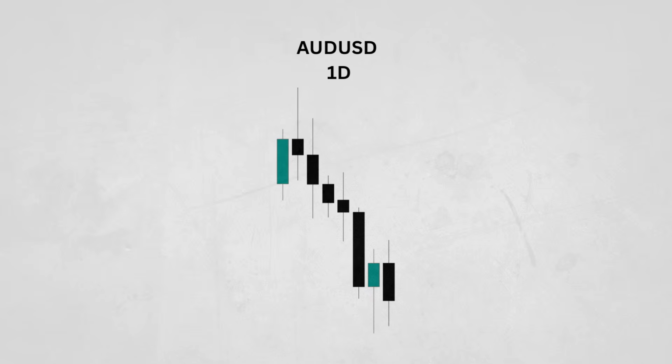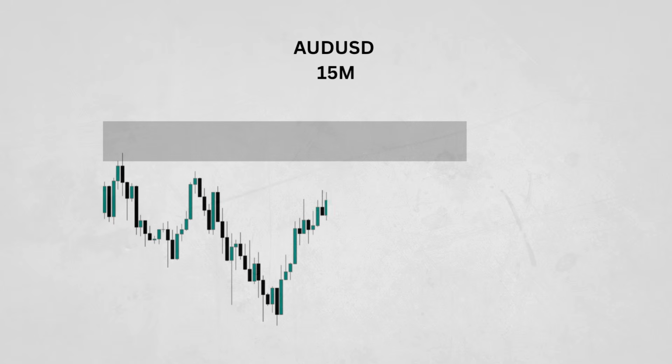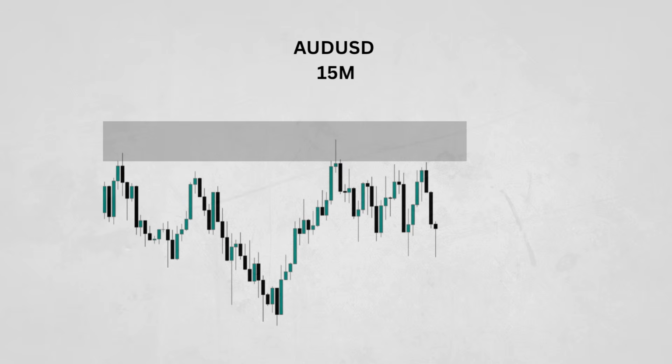On the daily chart, price tapped into the fair value gap and rejected it, which made it clear to me that these lows would most likely be targeted. Moving to the 4-hour chart, price left a clean 4-hour fair value gap, which I felt would probably hold. As soon as price came back into that fair value gap, I dropped down to my entry time frame, the 15-minute chart.